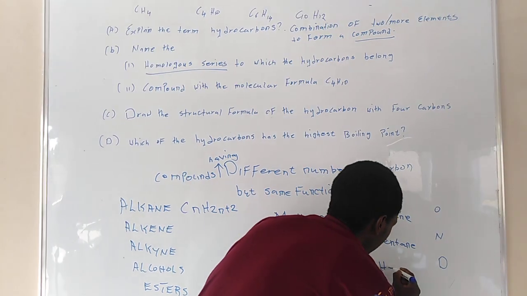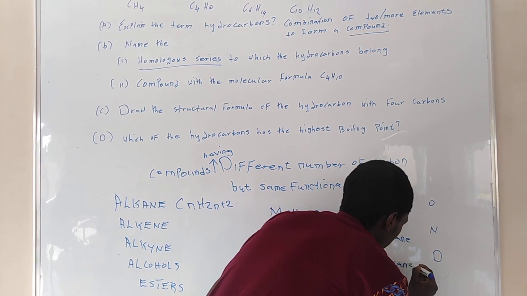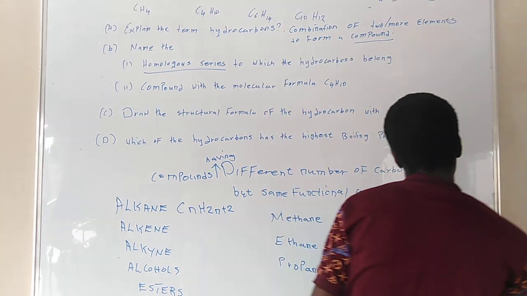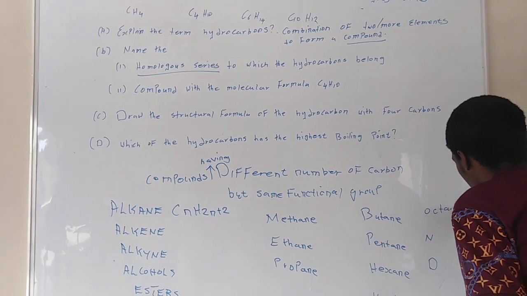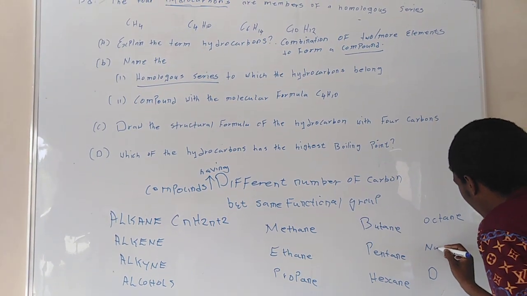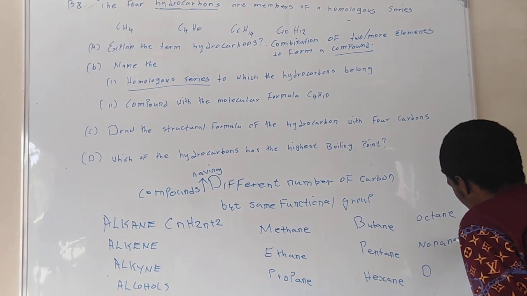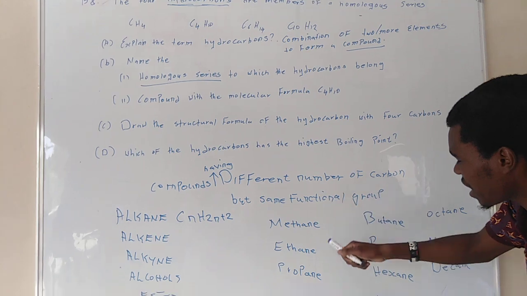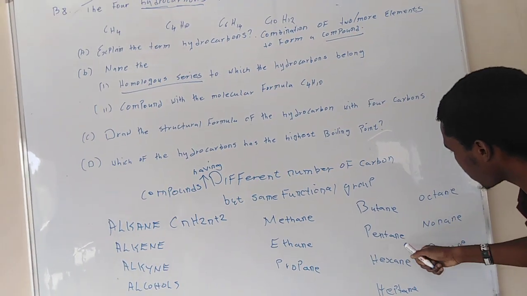This is hexane. This is heptane. This is octane. This is nonane. This is decane. So this is the first bond, the second, the third, fourth, fifth, and so on.